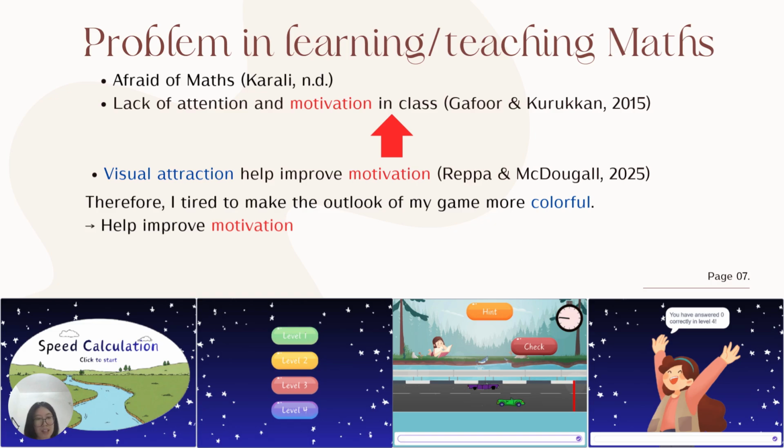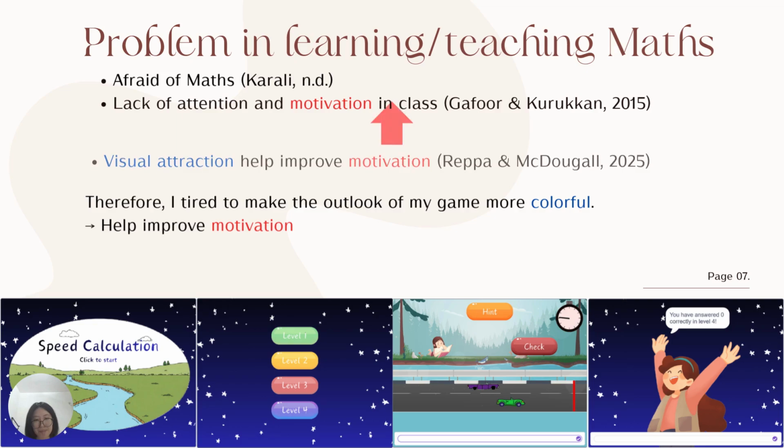Some students said that they might be afraid of math and have a lack of attention and motivation in class. And someone says that visual attraction might help improve the motivation. Therefore, I try to make the outlook of my game more colorful to improve their motivation.